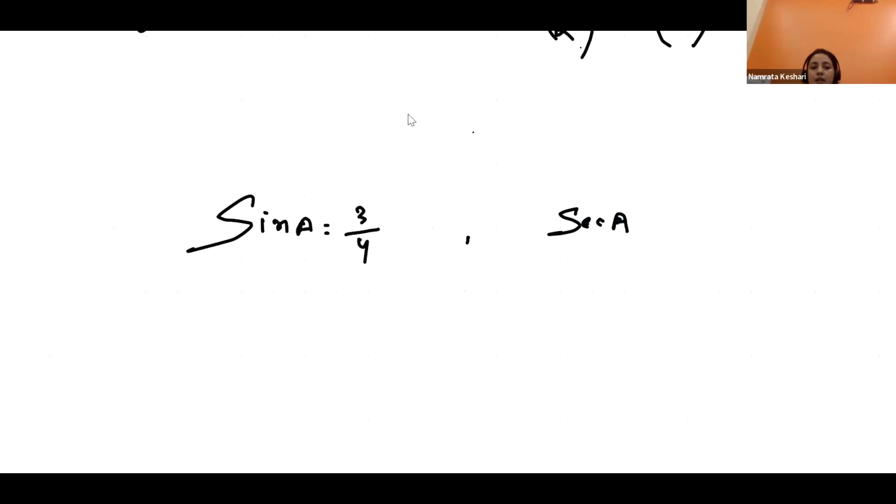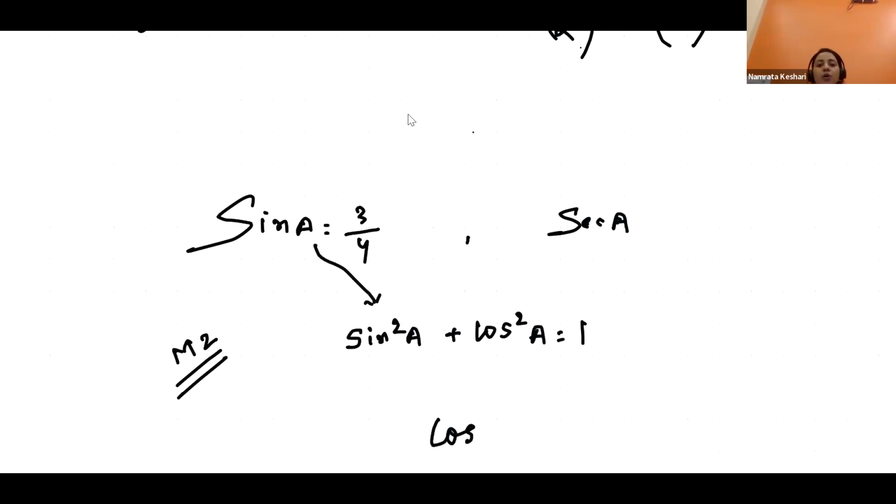Don't get confused. If you used method 1, great, but our answer has to be the same. Method 2 uses the formula sine square A plus cos square A equals 1. Here we put sine A and get the value of cos A. Please tell me what is cos A. Then we can take the reciprocal of that to get sec A. Getting it?